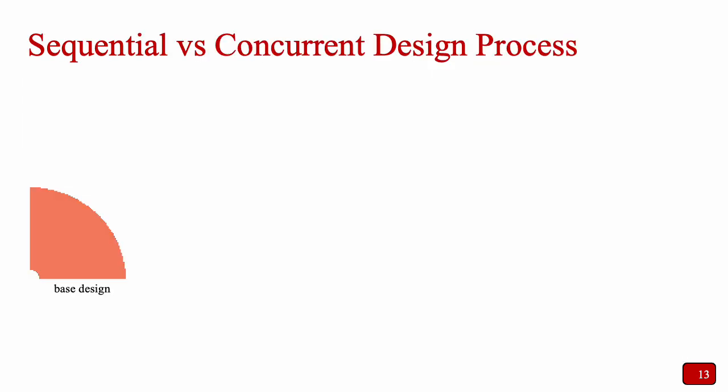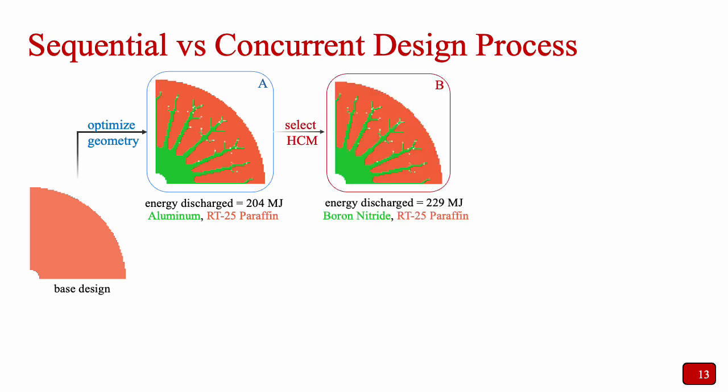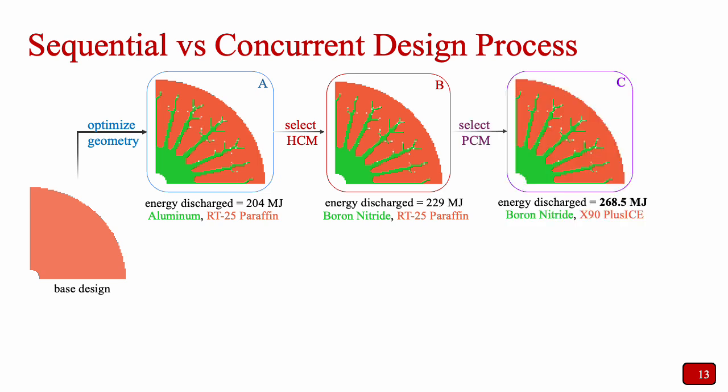We now demonstrate the co-design approach by comparing it to a conventional sequential design process. A sequential process might start with a base design. A designer might first optimize the geometry, then sequentially select a new HCM and then a new PCM, ultimately reaching a design.